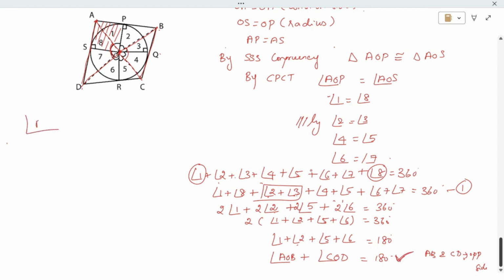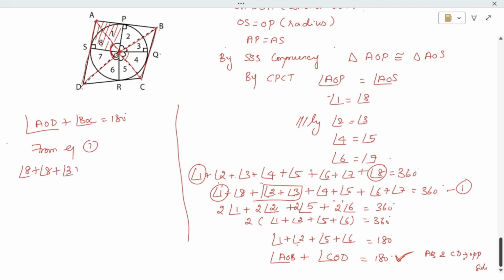In case I have to prove angle AOD plus angle BOC equal to 180 degrees, from equation 1, I can replace angle 1 as angle 8, so angle 8 plus angle 8.